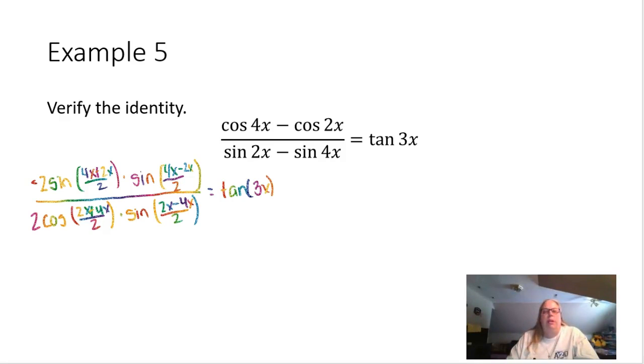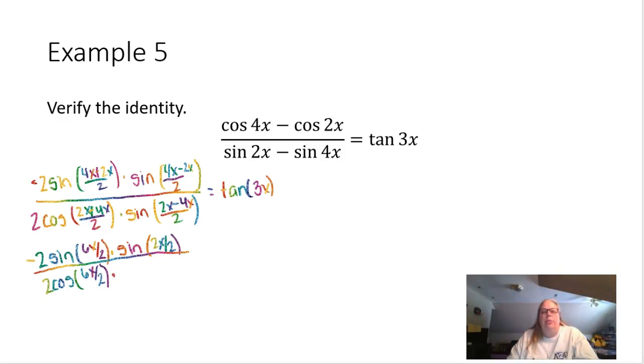All right, let's simplify a little bit up here in the numerator. 4x plus 2x, that's going to give us 6x. Negative 2 sine 6x over 2 times the sine. 4x minus 2x is 2x, so we'll have 2x over 2 over 2 times the cosine. 2x plus 4x, that's 6x, so you have 6x over 2.